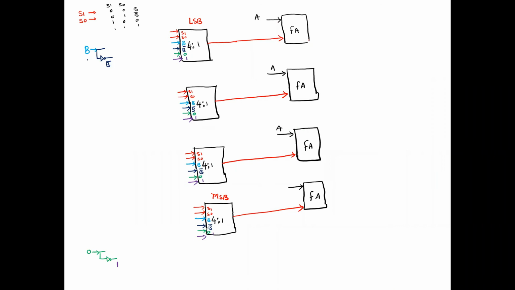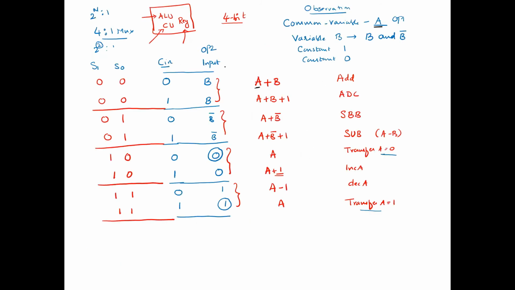Therefore we need 4 full adders. Now this will represent the answer D0, that is the LSB, D1, D2, and this is D3. Finally, we need to make use of this carry. The carry should be either 0 or 1.